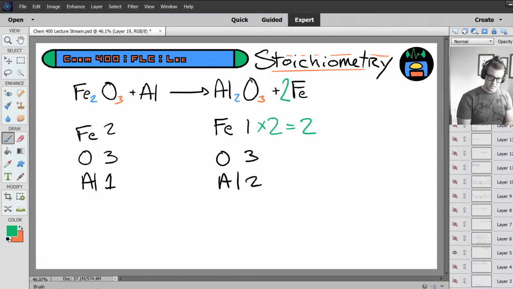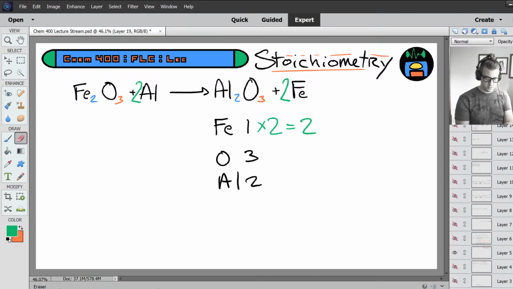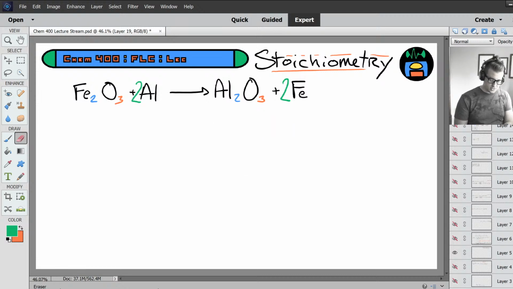We also need 2 aluminum atoms on our reactant side, so we multiply Al by 2 as well. And so this is our balanced chemical equation. And we will be using this to solve the remainder of the problem.